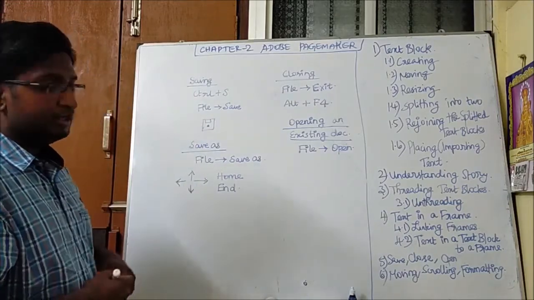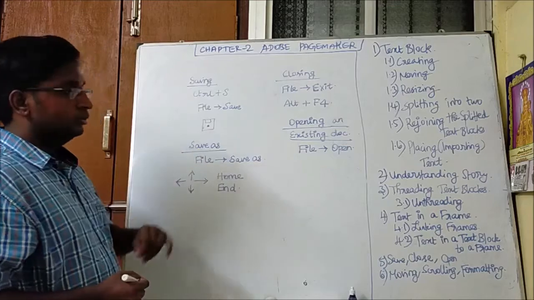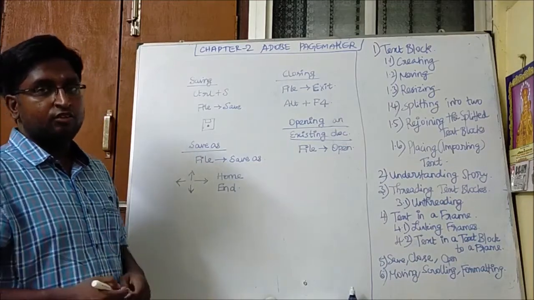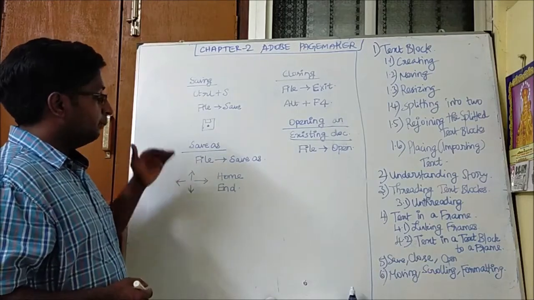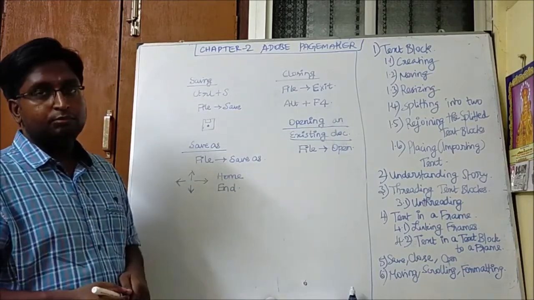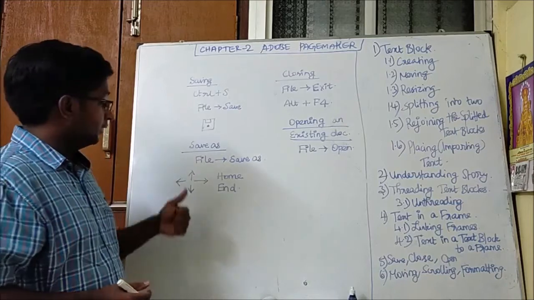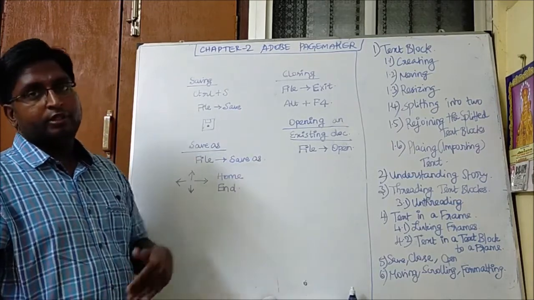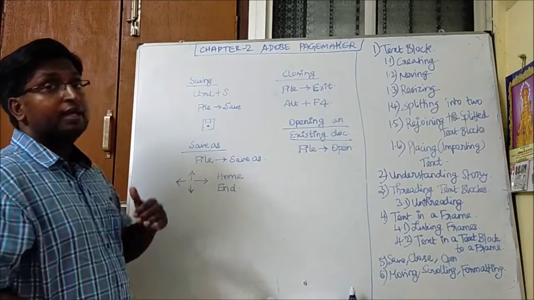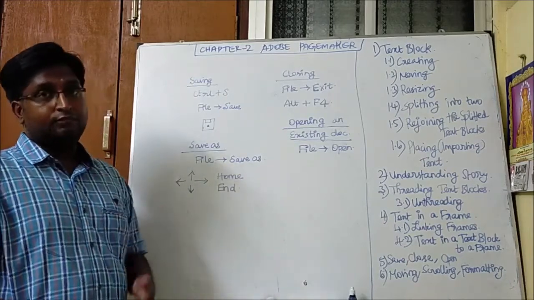For example, if I press the up arrow without any additional keys, it will move up one line. If I press the up arrow with the Control key, it will go to the start of the paragraph.